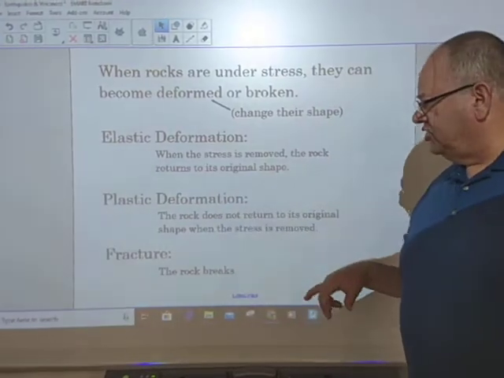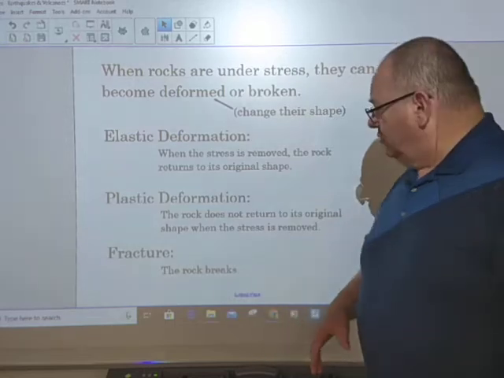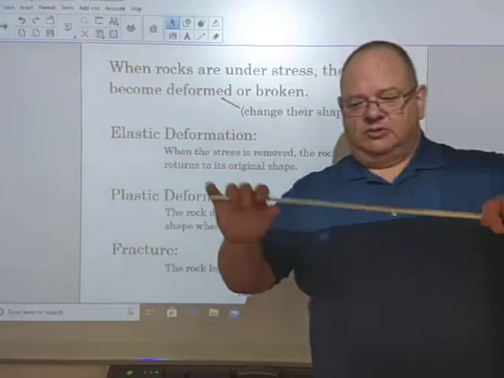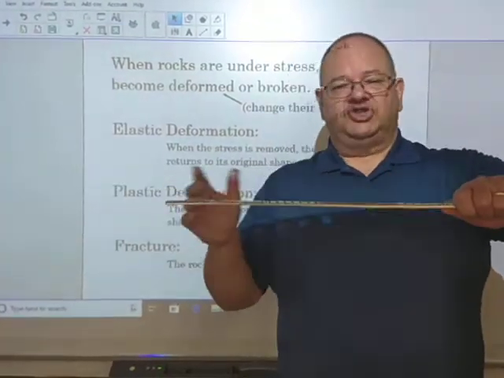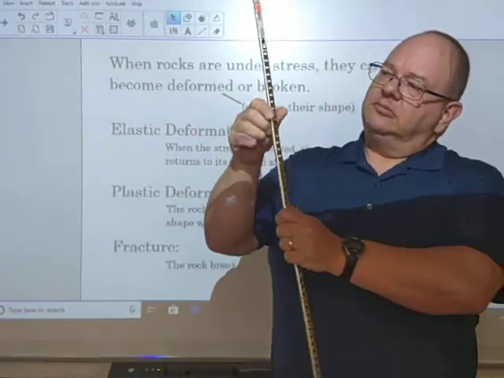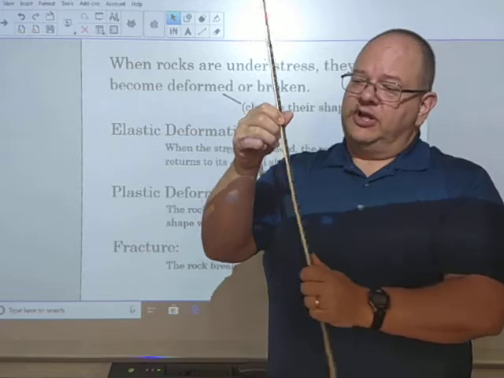Plastic deformation is when the rock doesn't spring back when the stress is removed. Okay? So, I have a piece of, it's called shelf plaster. It's one of these things where you put it on inside of, say, a bookshelf, and you have the little shelf hooks that you put in here.